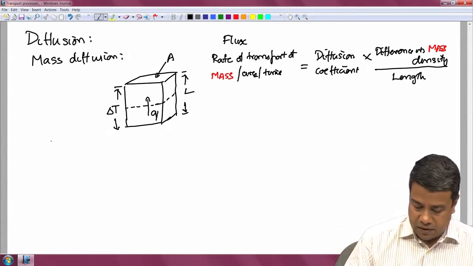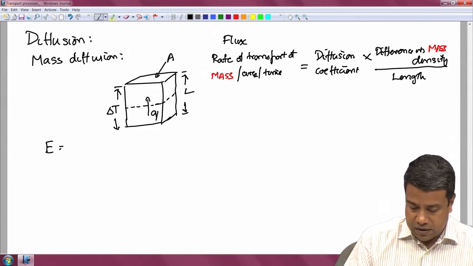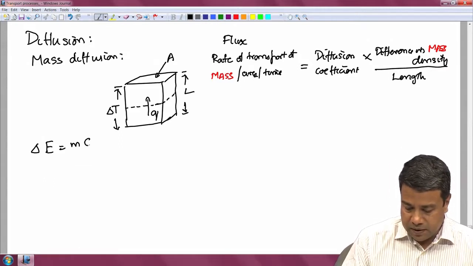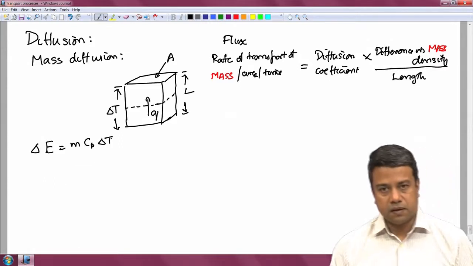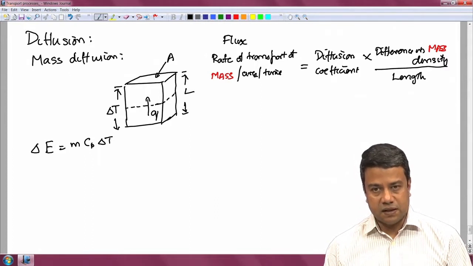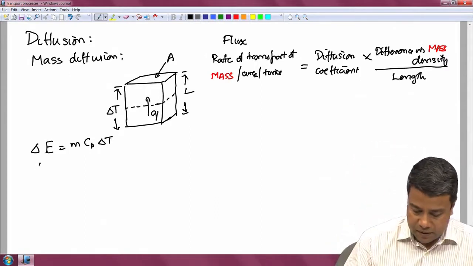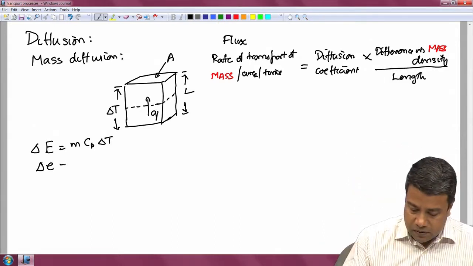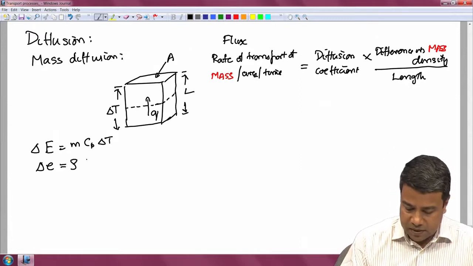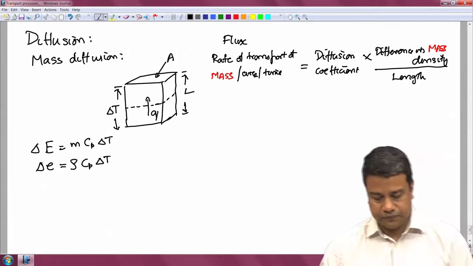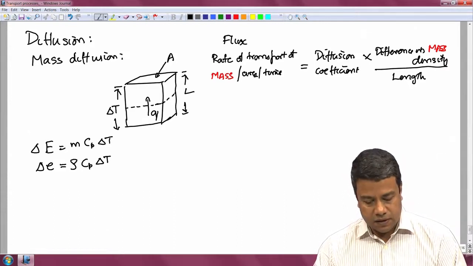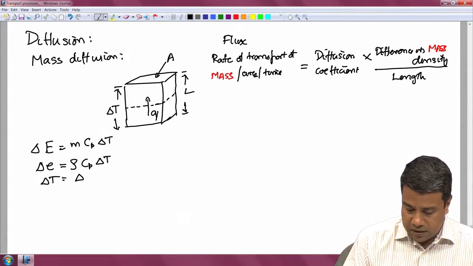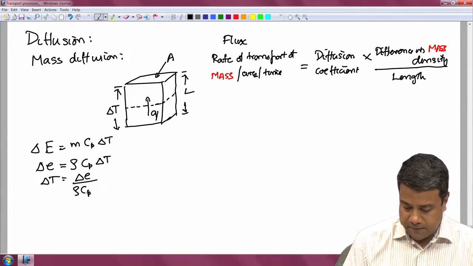Therefore, you know that the difference in energy between two locations will be equal to m Cp times delta T. Therefore, the energy density, which is the energy per unit volume, delta E, that is an intensive variable, will be equal to the mass density, mass per unit volume, times Cp times delta T. Therefore, I can as well write delta T is equal to the difference in energy density by rho Cp.